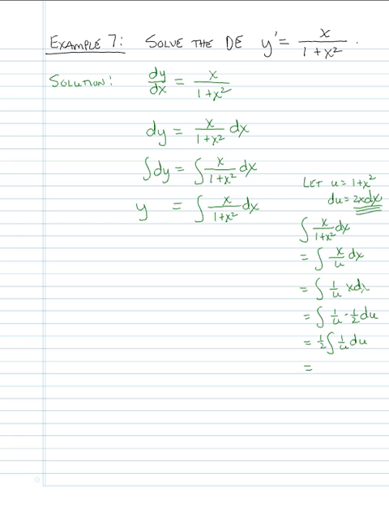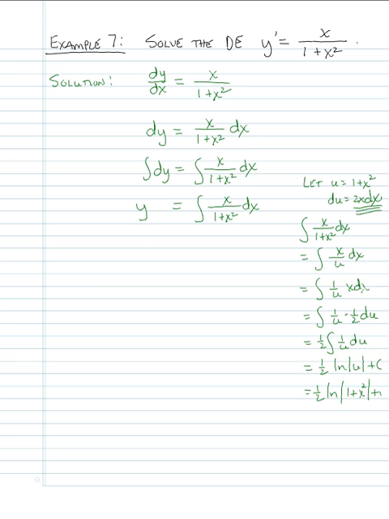And of course, the integral of 1 over u is the natural log of the absolute value of u. And of course, now we're going to write in that constant that we're going to need here in a few moments. But u is 1 plus x squared. So this ends up being 1/2 times the natural log of 1 plus x squared plus a constant of integration.